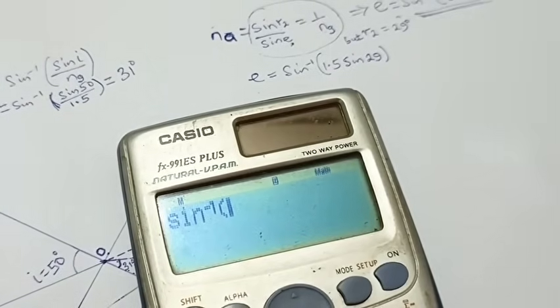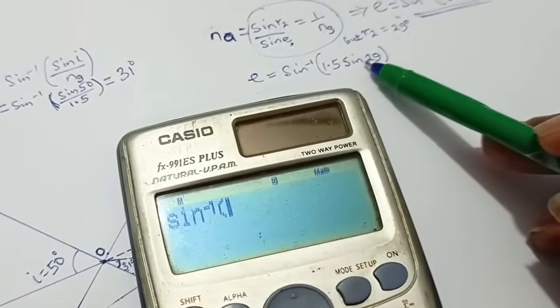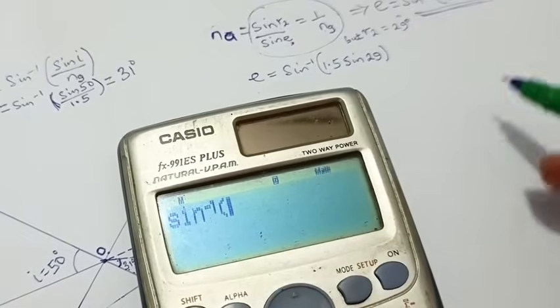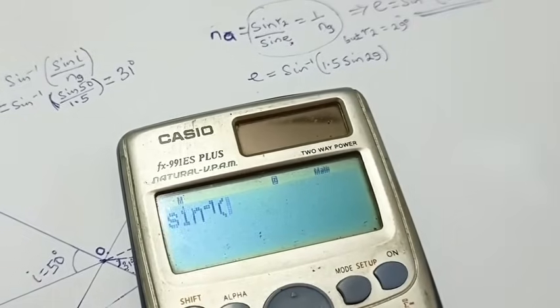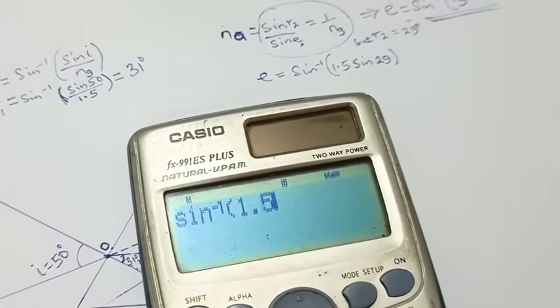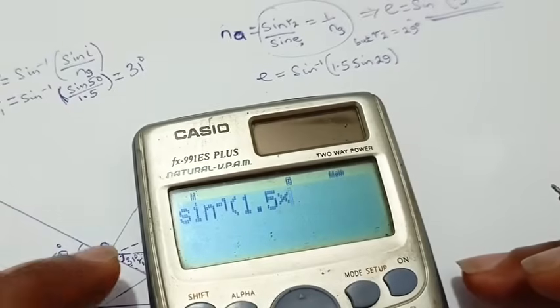But to avoid any error, so you don't get yourself into trouble, you can decide to evaluate 1.5 times sine 29 first. Whatever you get, you now find the sine inverse. But I'm going to press it all at once. So sine inverse 1.5 multiplied by sine 29.